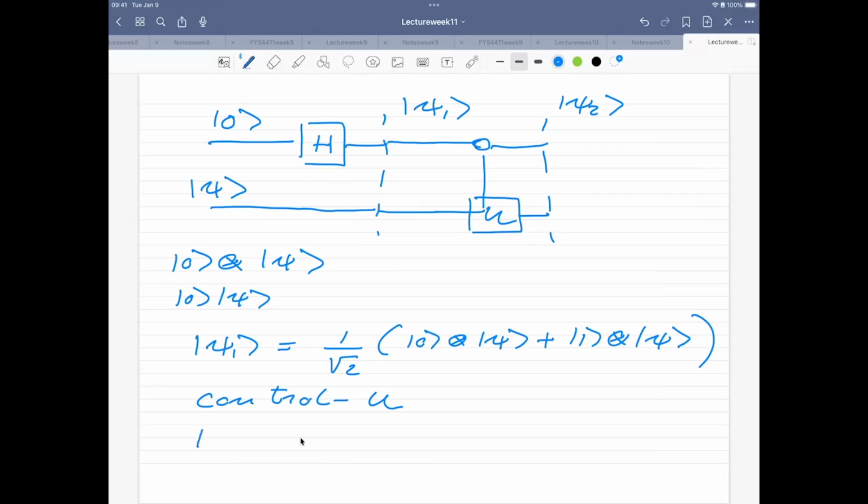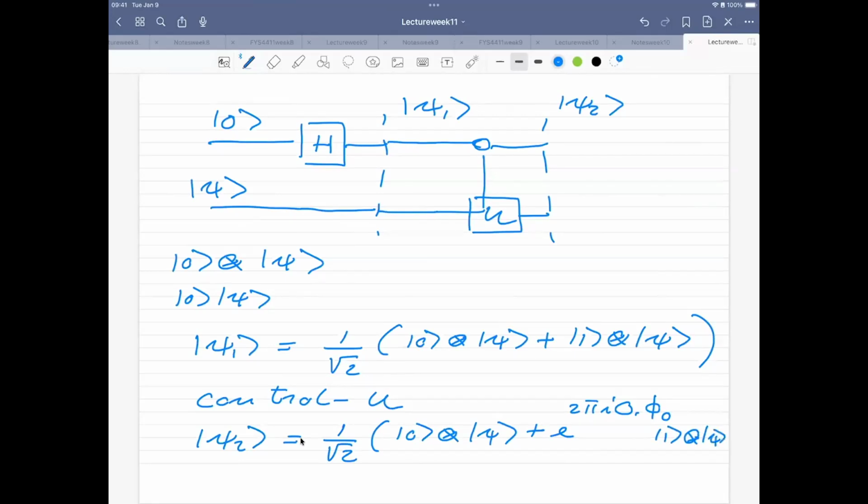It means that this state psi 2, when I act with this gate, is going to give me 1 over square root of 2, and then nothing happens to the first qubit, because this is a 0 state, but it's the second one which gets changed. So that will now have e to the 2 pi i, and since I now have just one qubit, this is given by this representation here, which is the binary representation. If you think back of the rotation, this operation which you see here, so this is 1, and then tensor product with psi, like that.